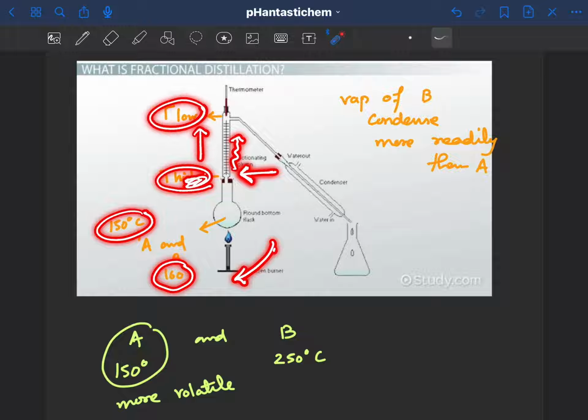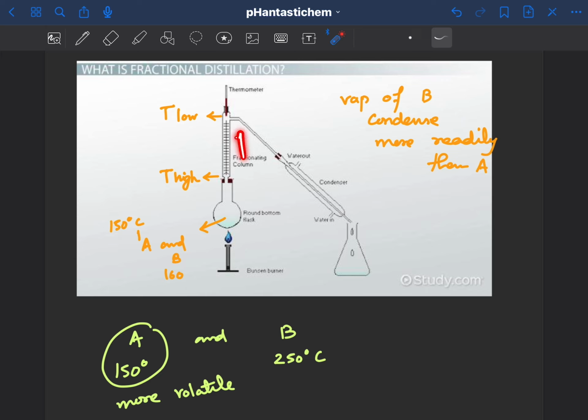So for A to become liquid, it will need to travel even more up the fractionating column as it becomes cooler. Therefore, those vapors which are rising up will consist mainly of A. And since B became vapor, and the temperature is high around here, it will condense and become liquid and flow down.